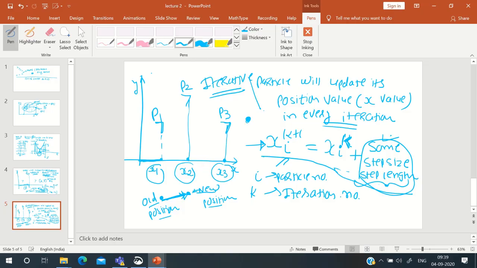If you propose a new equation of step length or step size, the new solution will change. So remember, every method will have a different equation of step length or step size, but this equation is common for almost every AI or CI method, right? I think this is clear up to this point. Okay.